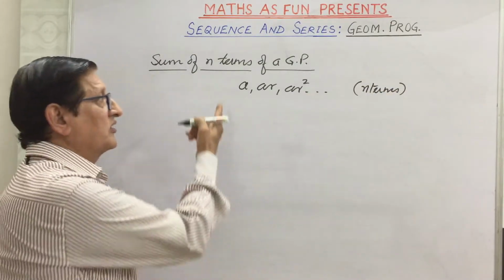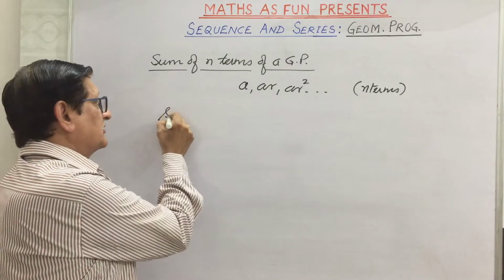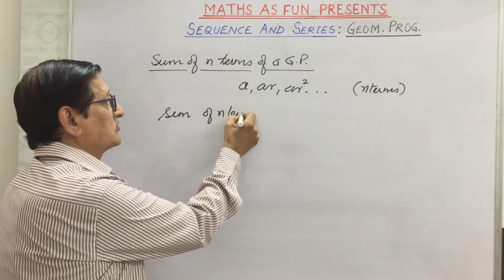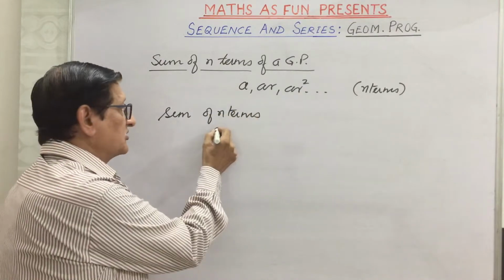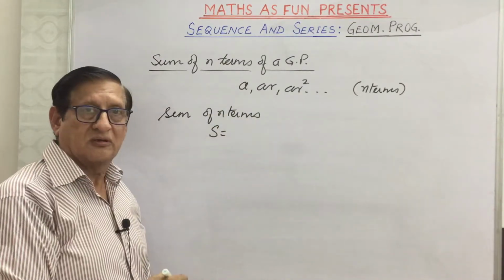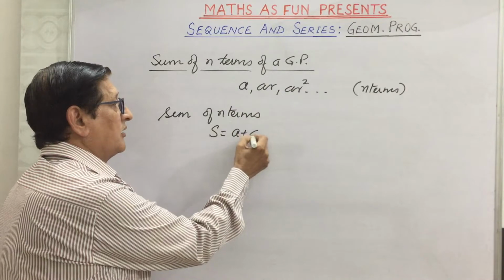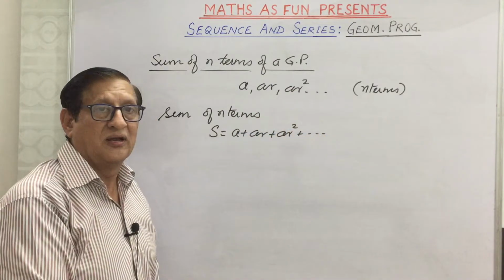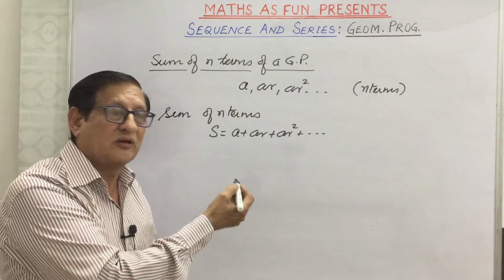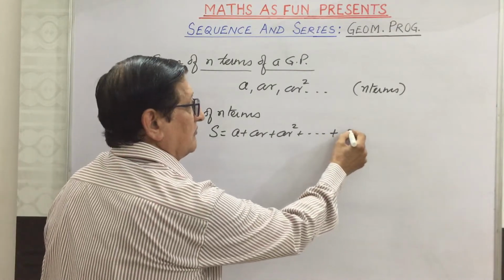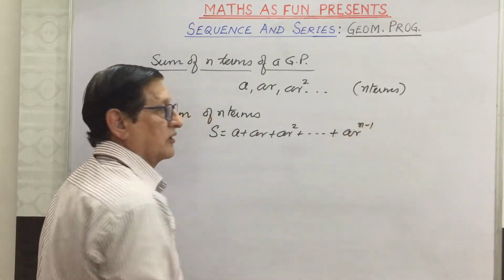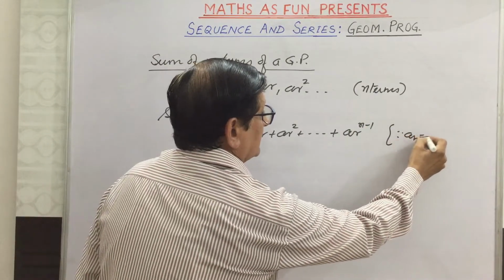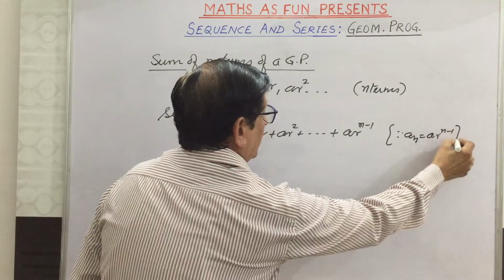To find the sum, we consider the sum of n terms to be S. Will that be A plus AR plus AR square plus so on. And what will be the nth term? We know the formula for nth term, that is A into R power n minus 1. We can write here, since An is equal to AR^(n-1).